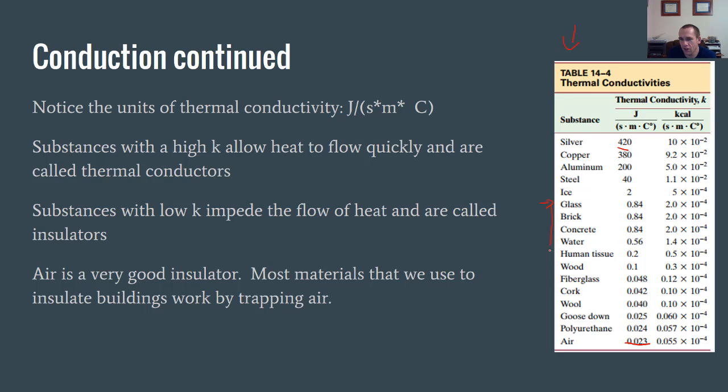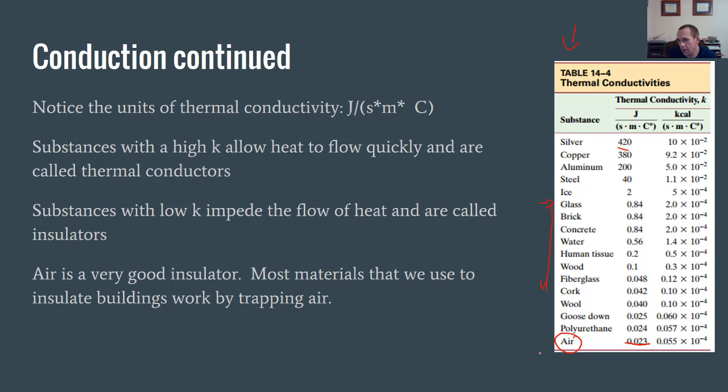They have fairly low thermal conductivity. They impede the flow of energy. Energy does not flow quickly, so they insulate or prevent heat from flowing, whereas thermal conductors allow heat to flow fairly easily. And you'll notice metals are pretty high up on that list. Air being a very, very good insulator.